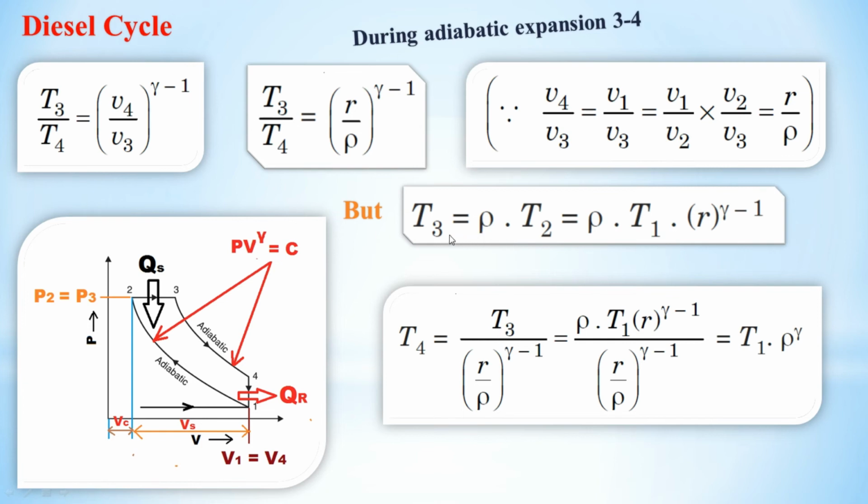But T3 equal to what? Rho into T1 into R raised to gamma minus 1. Put this value of T3 in this equation. So T3 equal to rho into T1 into R raised to gamma minus 1.